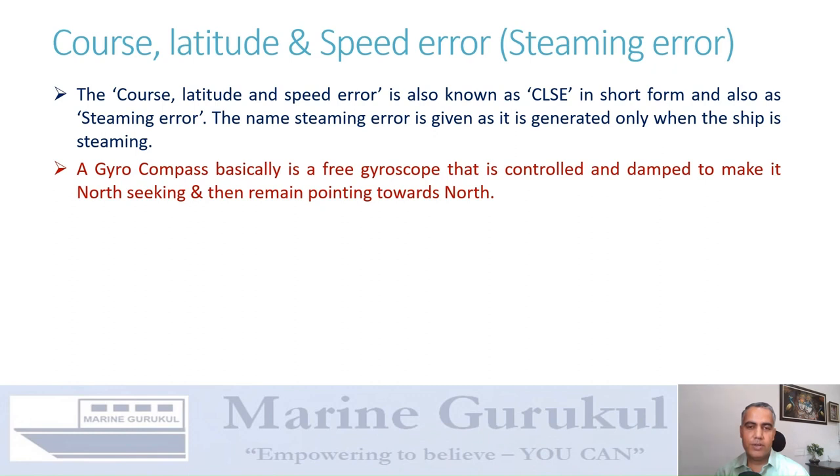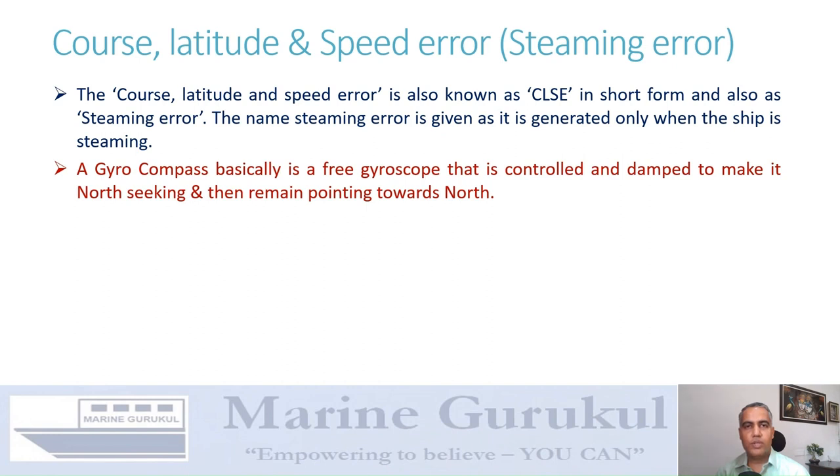But if we go a little deep into the concept of the gyro compass, actually the gyro compass is sensing the direction in which it is being taken due to the rotation of the earth.